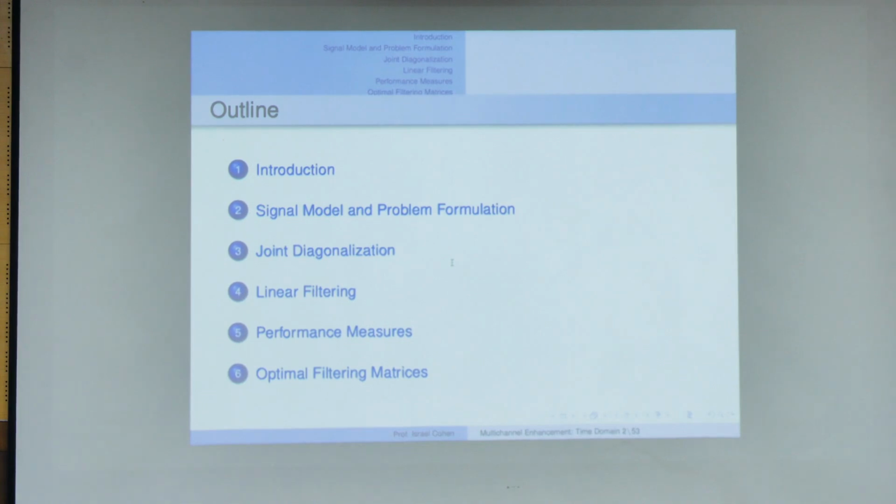So we said that for single channel, we have the single channel model, and we will extend it to the multi-channel model. So we will talk about the signal model and formulate the problem.